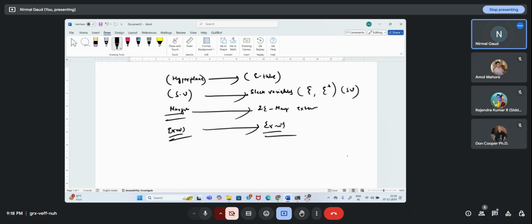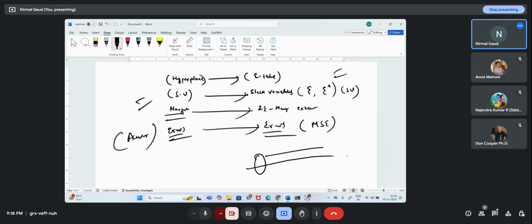Error: because it is regression, there will be MSE. Because this is classification, we are having accuracy. This is a classification algorithm. This is a regression algorithm. And if we talk about regression correctly, as we are in discussion, slack variables say how much they are deviated from the regression line, how far away they are from the regression line.